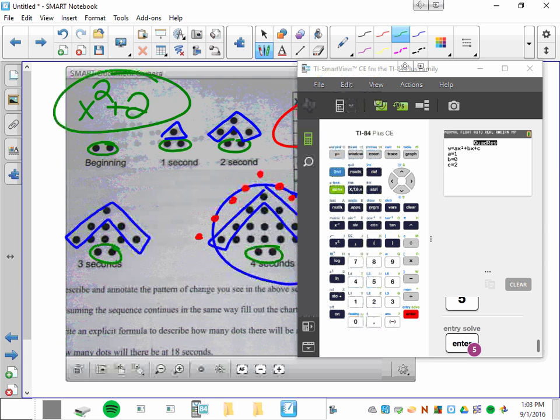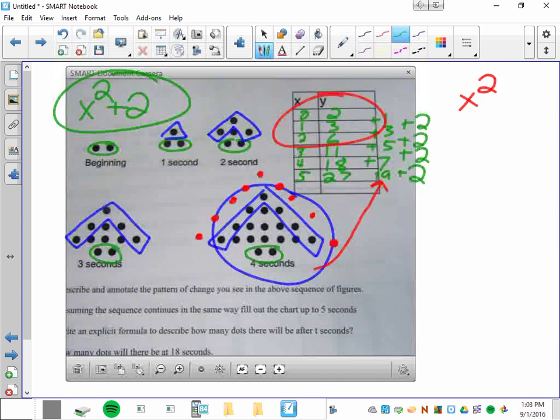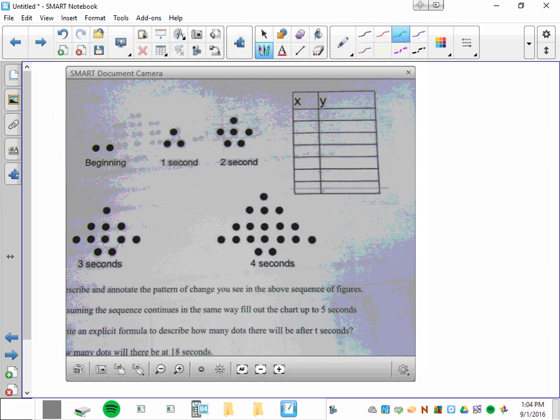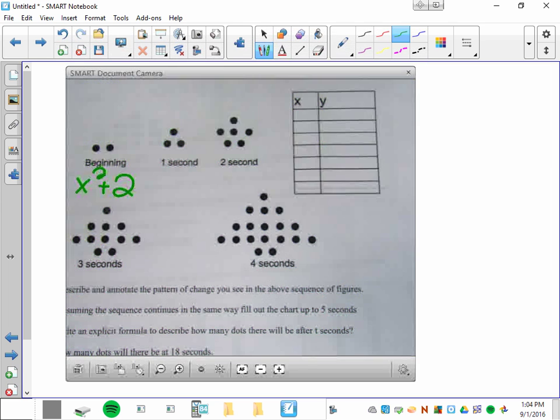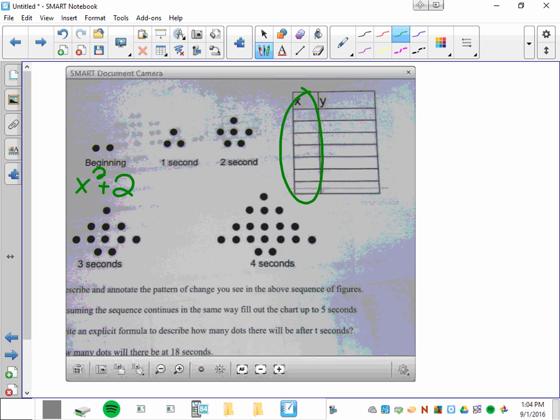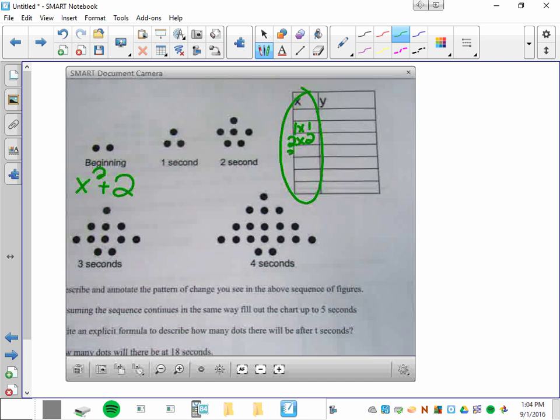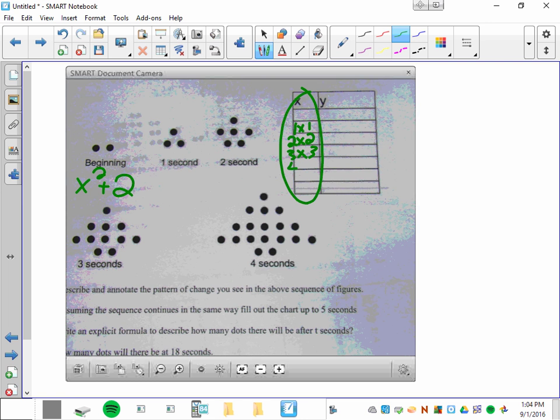And I think it's usually good once you have an equation to match it to the dots itself. And you might look at this and say, do you see x squared plus 2? An x squared for each of those x values would be a 1 by 1 square, a 2 by 2 square, and a 3 by 3 square, and so on.